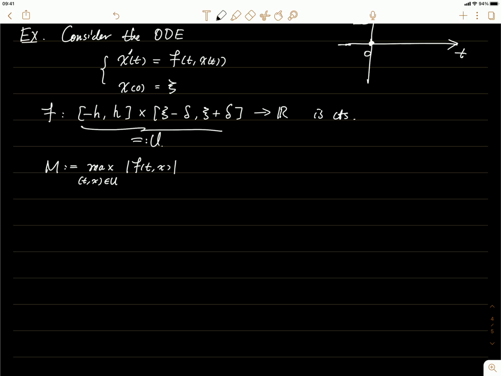Okay, and also we're going to assume that f is Lipschitz continuous in this second argument x.